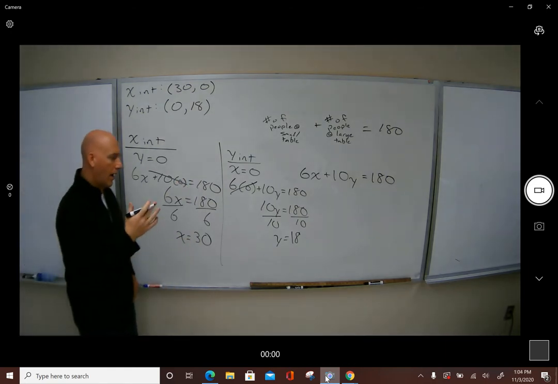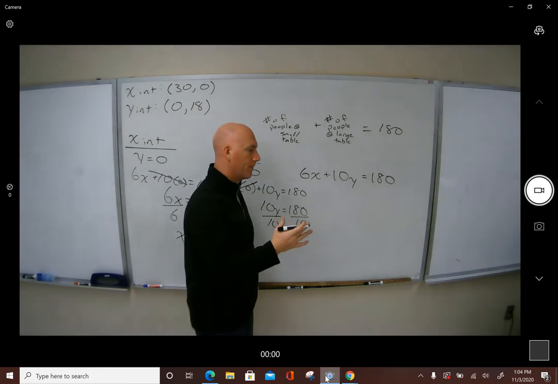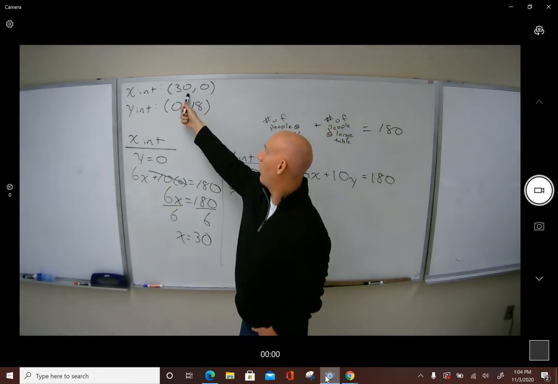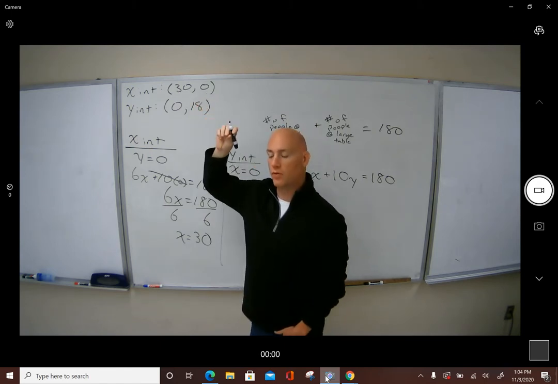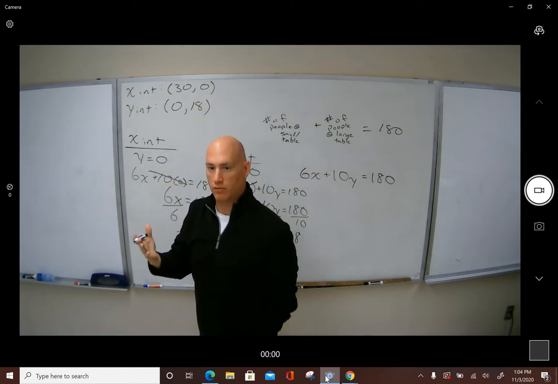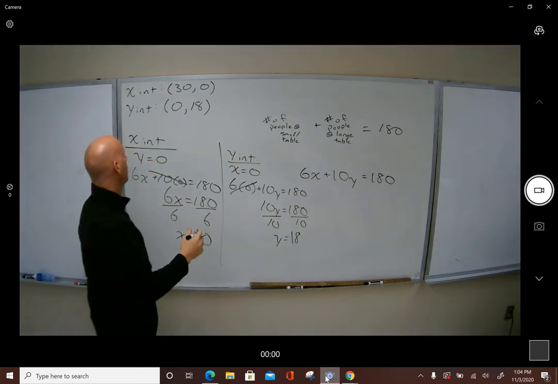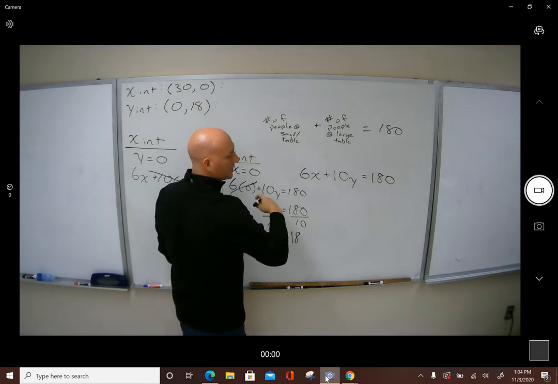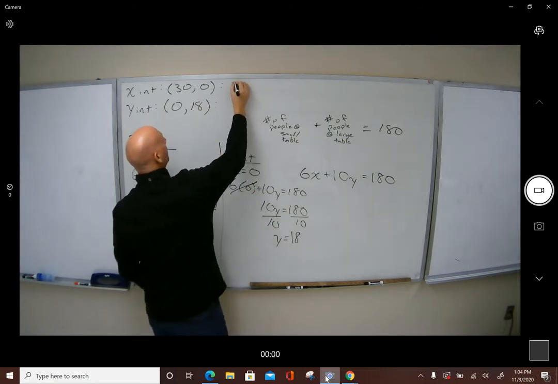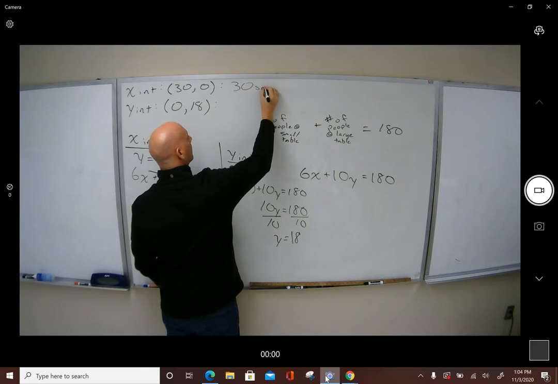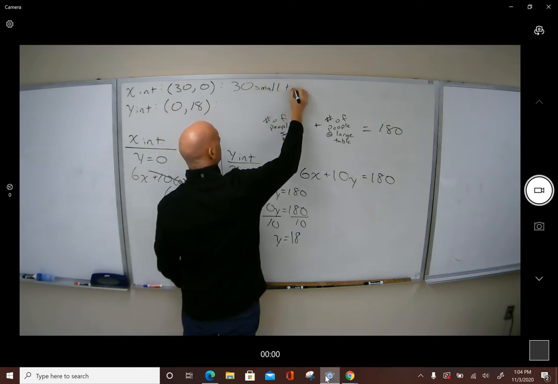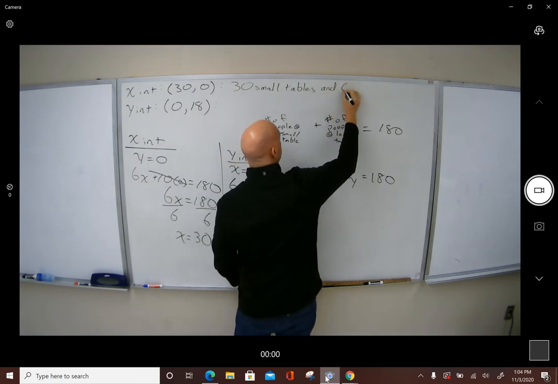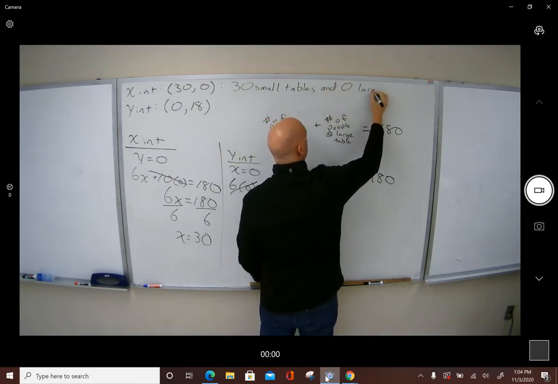Now, I want to make sure this makes sense. The x-intercept said y must be 0. But y represents the number of large tables. So when we look at our x-intercept, all this means is we can seat enough people if we have 30 small tables and 0 large tables.